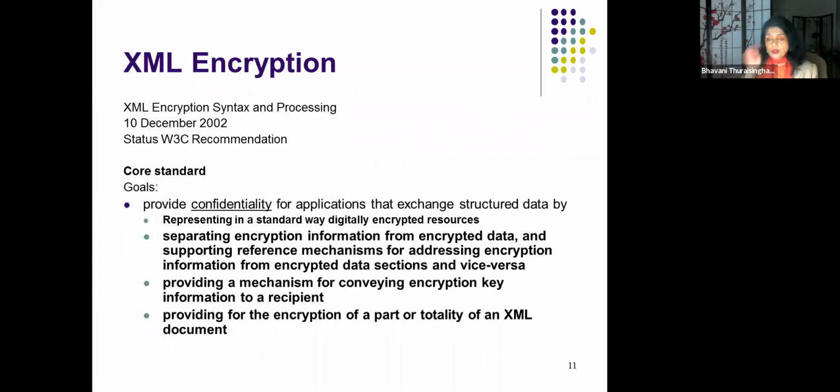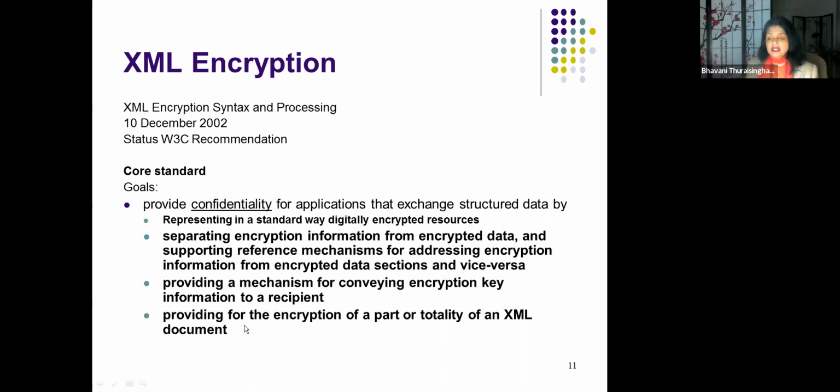So before we go into some of the implementations, let's talk about XML encryption. It became a standard in 2002. It provides confidentiality, right? It represents a standard way to digitally encrypt the resources, separating encryption information from encrypted data, and supporting reference mechanisms, providing mechanisms to convey encryption key information.